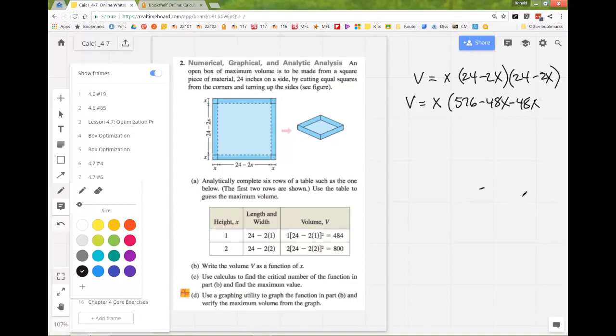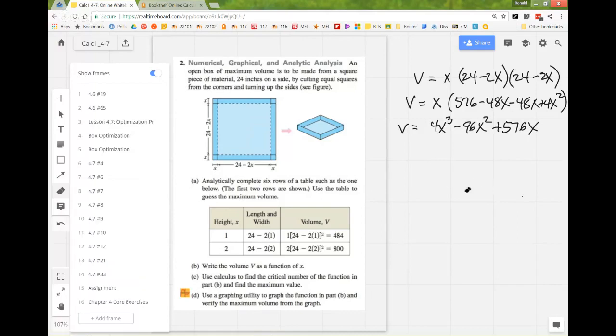Negative 2x times negative 2x, plus 4x squared. Okay, we got to multiply all of that by x. And I'm going to put it in descending order. 4x times x is 4x cubed. Then we have negative 96x squared plus 576x. All right, so that's just multiplying it out. So there's our formula for volume.